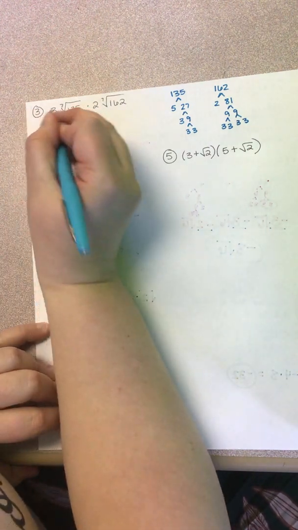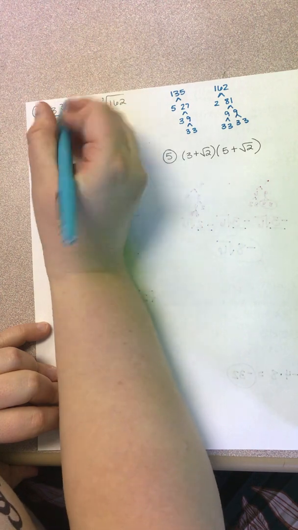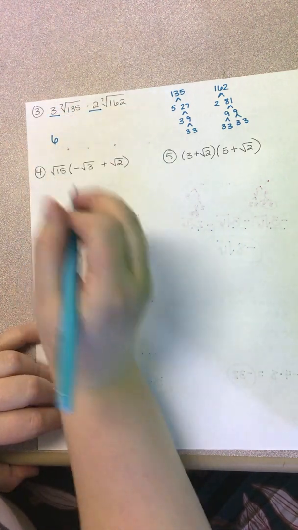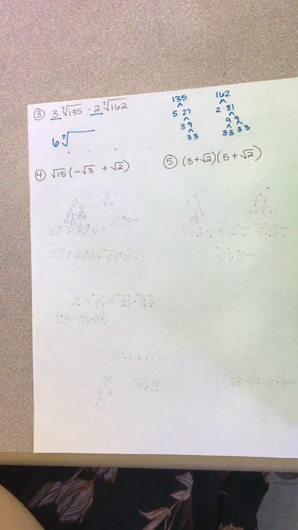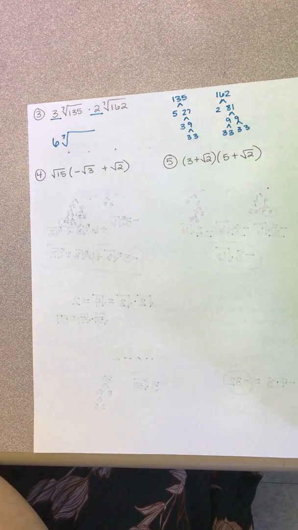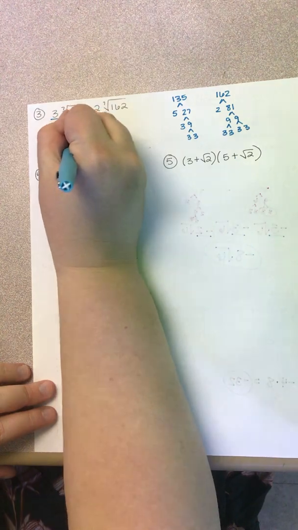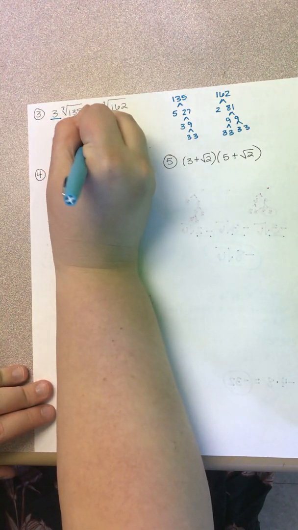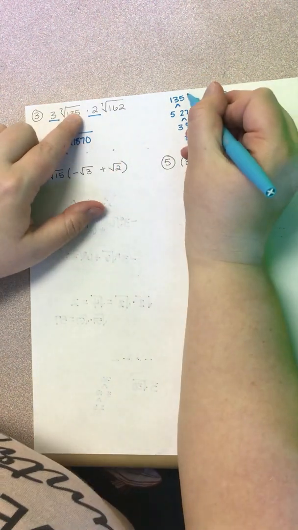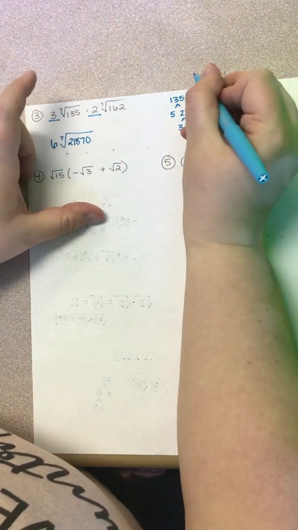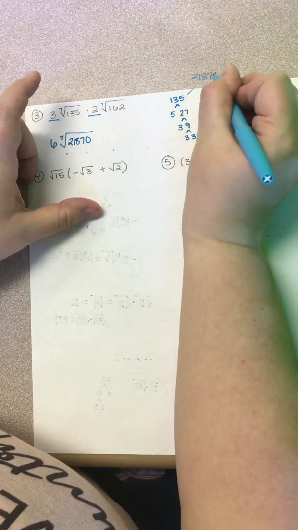So when I go to do this one, 3 times 2 is 6. And when I multiply the 135 times 162, I'm going to get this really large number. But I already broke down these two over here. So up here would be 21,870.